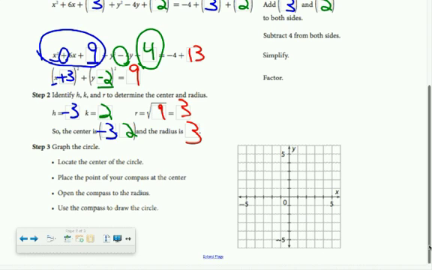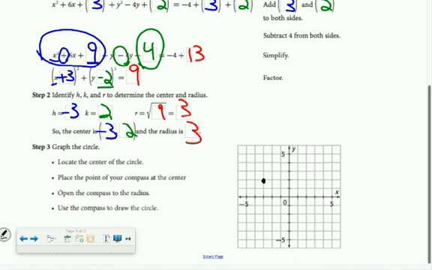So when I graph this, I put my center at (-3, 2). And then the book is talking about using a compass. I'm not so much focused on the circle being perfect as much as you having an idea of how you could do this freehand.